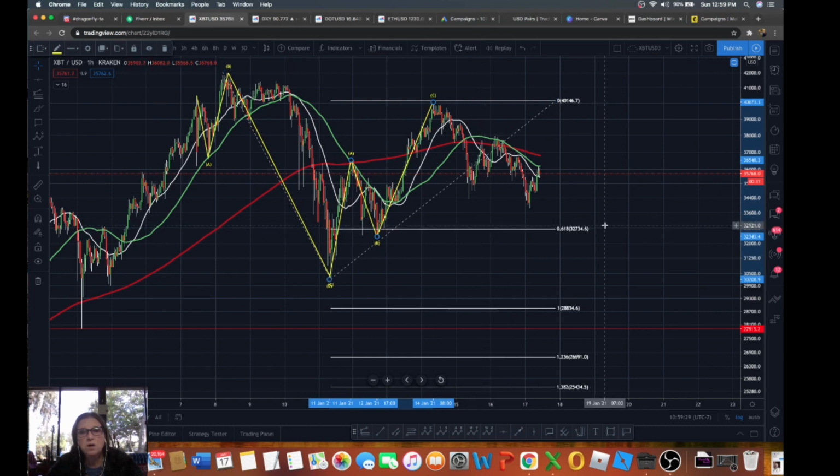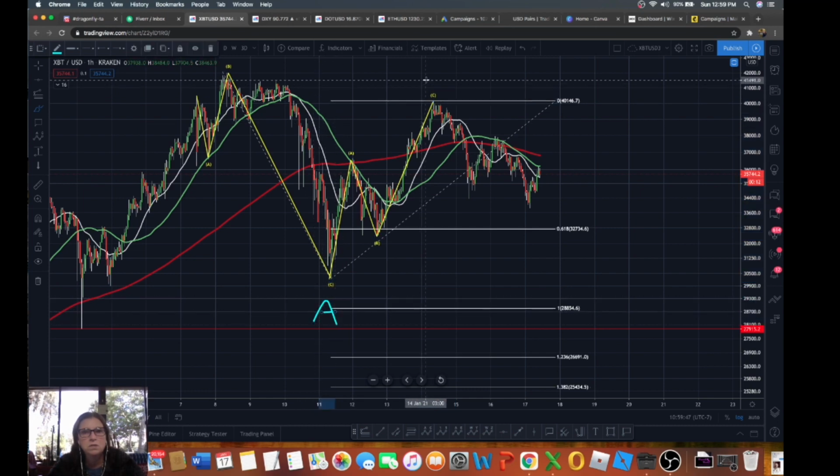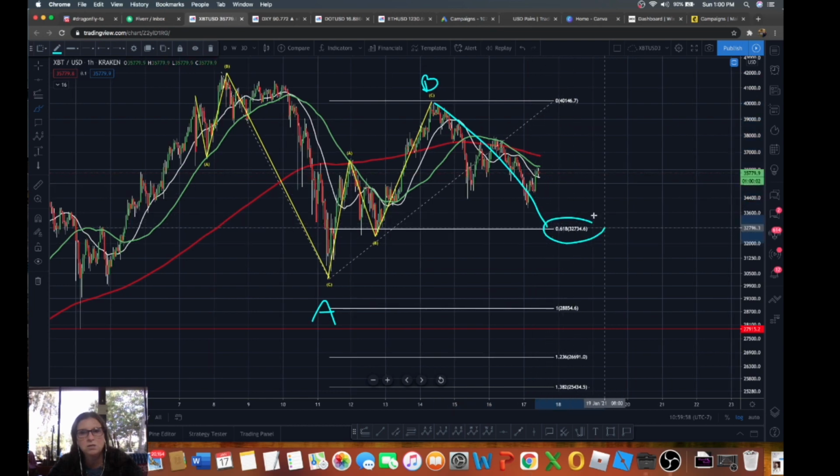We haven't come down to the shallowest retracement that we can come to. And the way that I can explain this is, say this is an A, this is a B. Our C wave needs to come down to at least the 618.